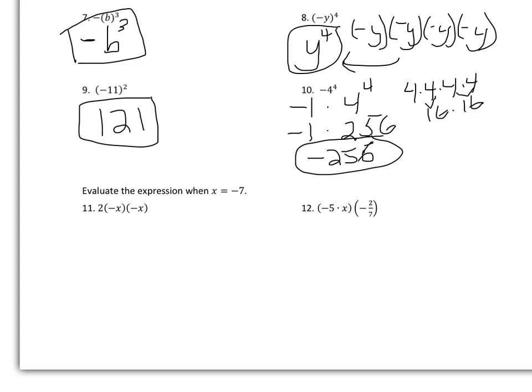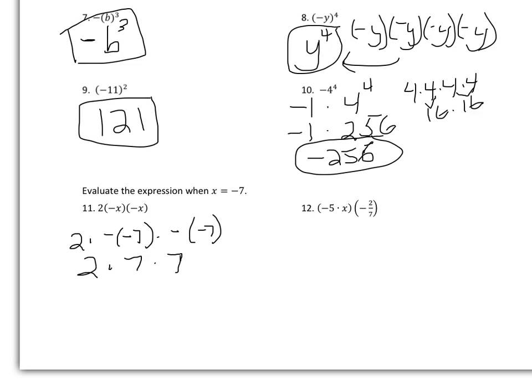All right. Now, this next one says, next couple say, evaluate the expression when x equals -7. So realize you're going to have 2 times. Now we got to take the opposite of a -7 times the opposite of a -7. So what we really have here is 2 times 7 times 7, right?